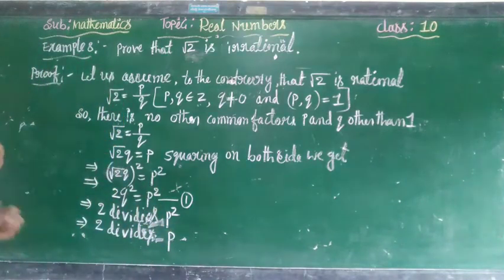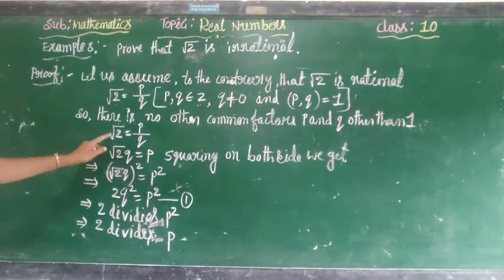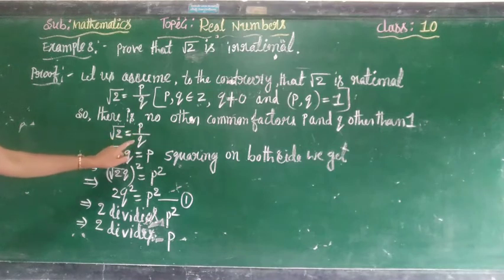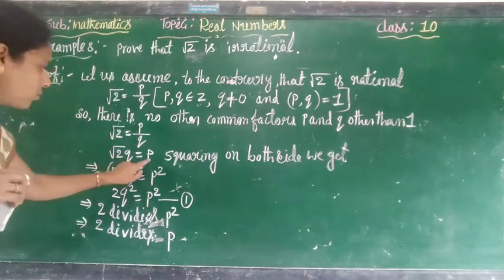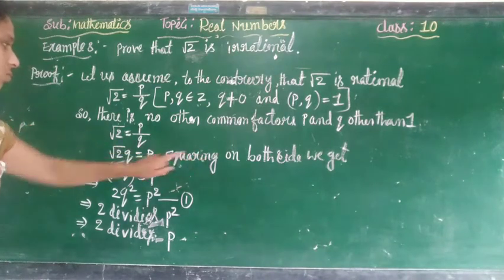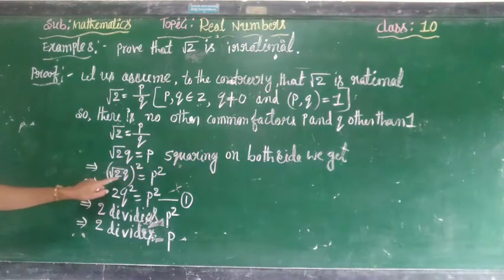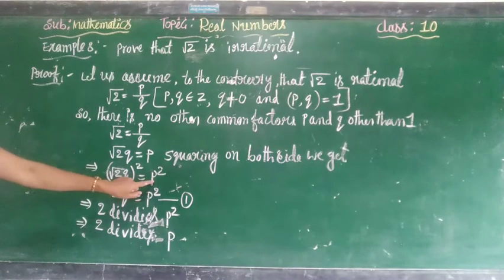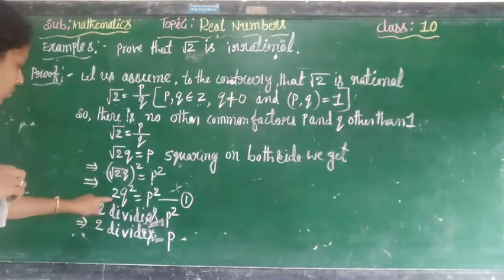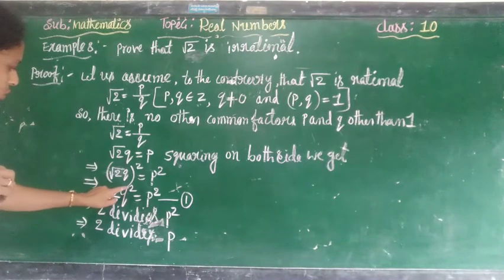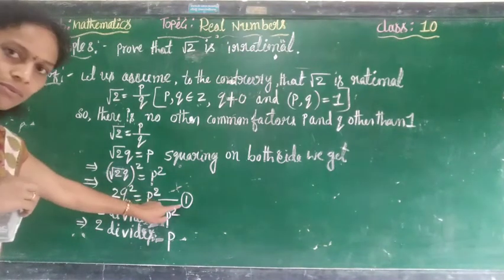P. Once again, root 2 is equal to P by Q, root 2 Q is equal to P, squaring both sides, root 2 Q whole square is equal to P square. So square root cancelled, 2Q square is equal to P square, equation 1.